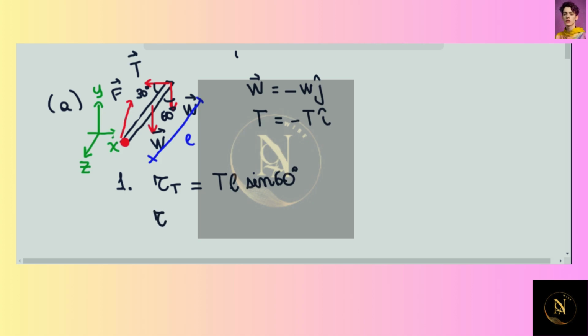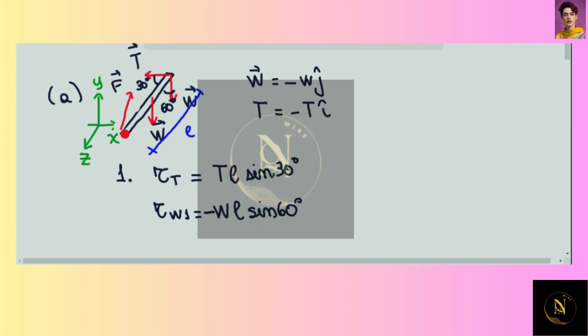The torque exerted by the weight force coming from the block, I'm going to call it tau W1, is equal to W L times sine of 60. Actually, up here I wrote sine of 60, it should have been sine of 30, I'm sorry. And there's a minus sign here because by the right hand rule, the torque coming from the weight force is pointing in the negative z direction.